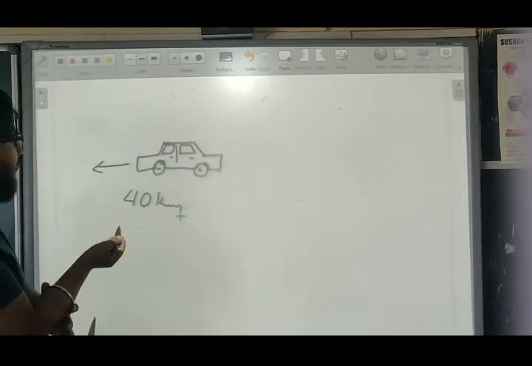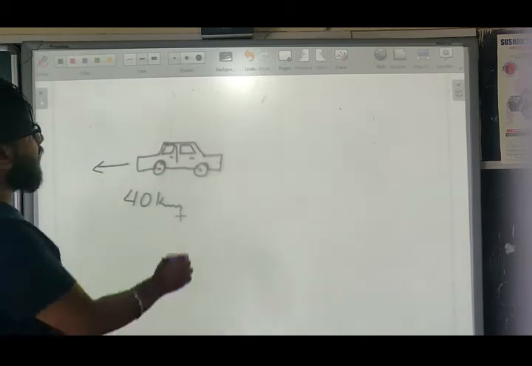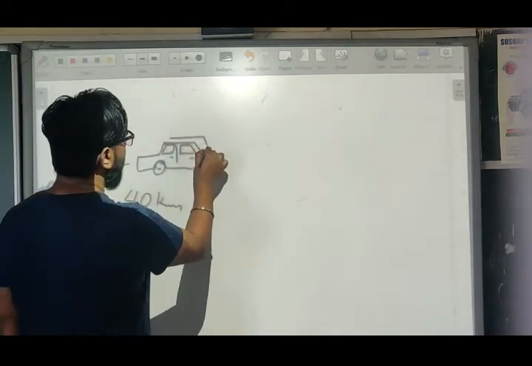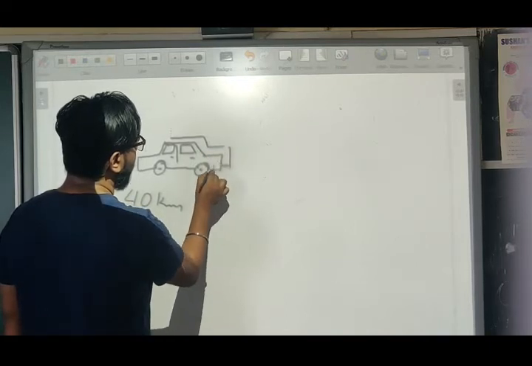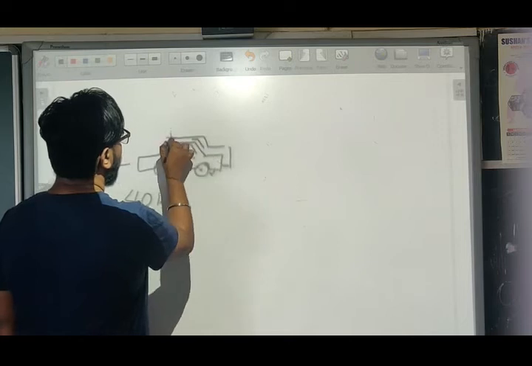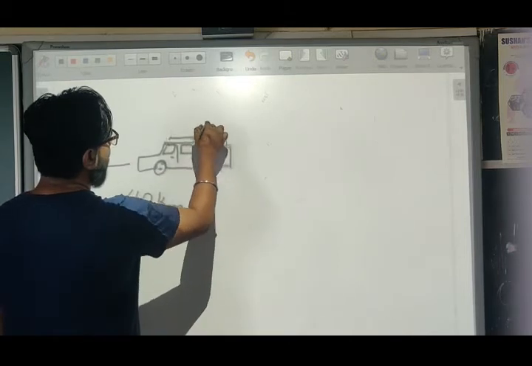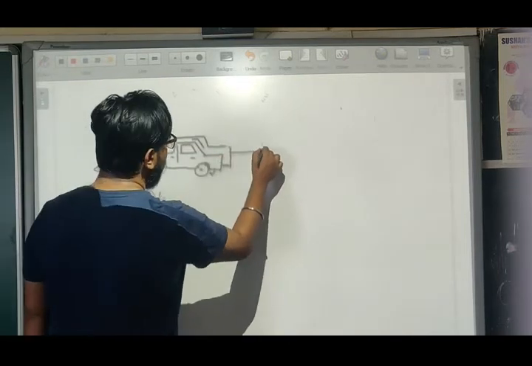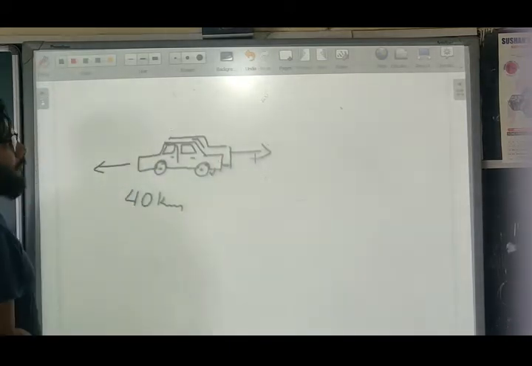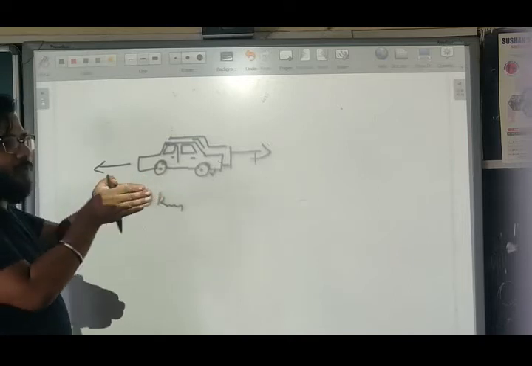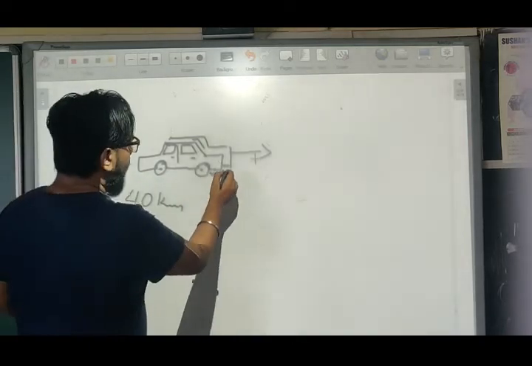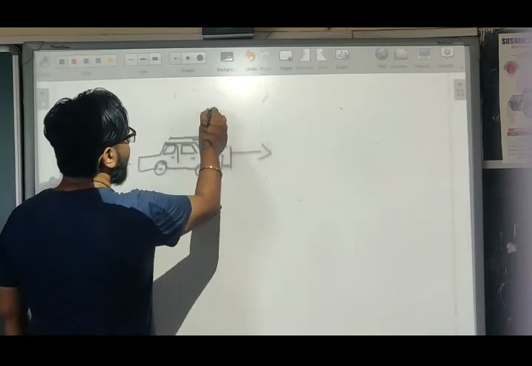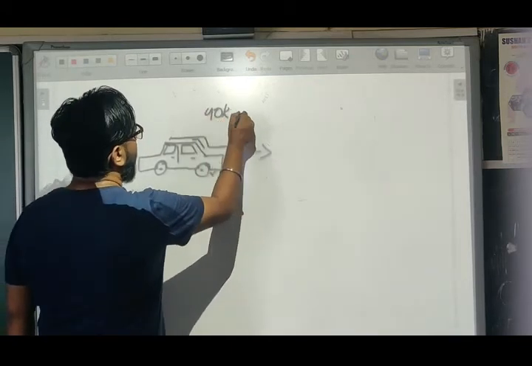Now imagine there is another car in the background. Let's say there is car B and this car is going that way. So what's happening is there is a crossing path. They're crossing, and the speed of this car is again 40 km per hour.